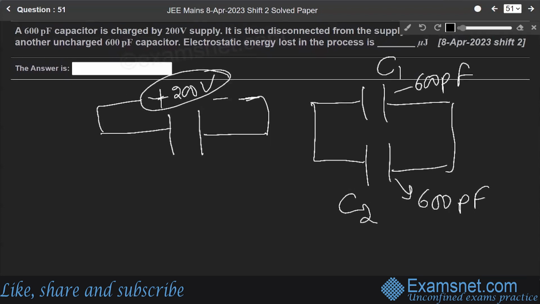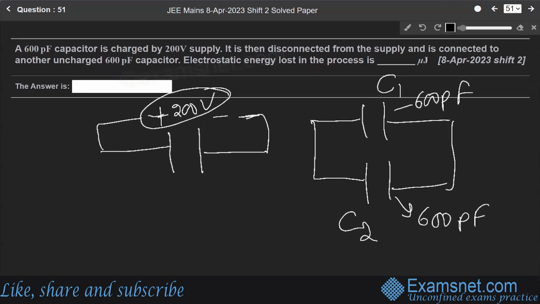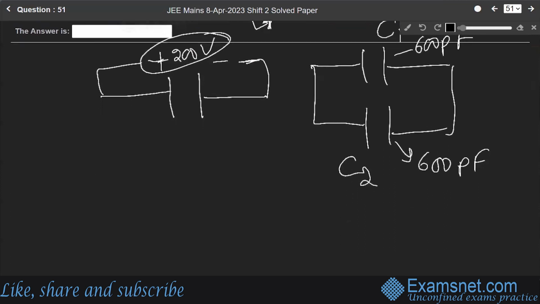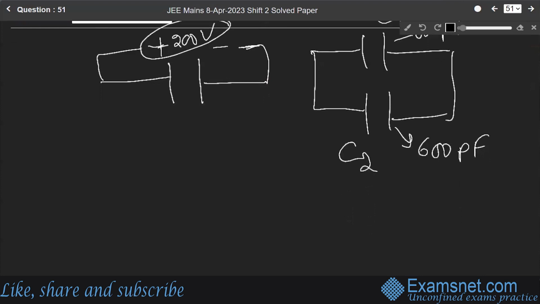Then the electrostatic energy lost in the process is, so we have to find the energy loss. This question is directly from the electrostatics chapter. So students, we have a very basic formula for the heat loss or the electrostatic loss, which we have studied in the theory part also.